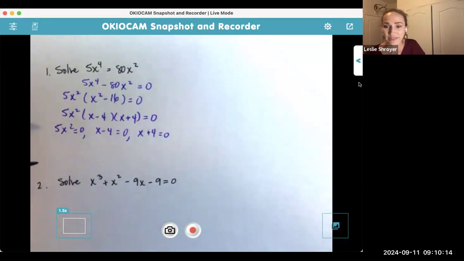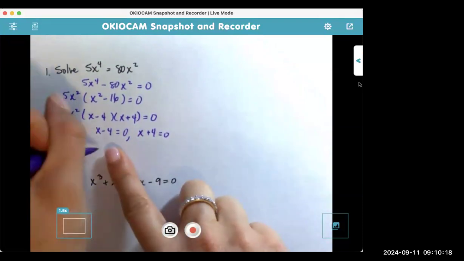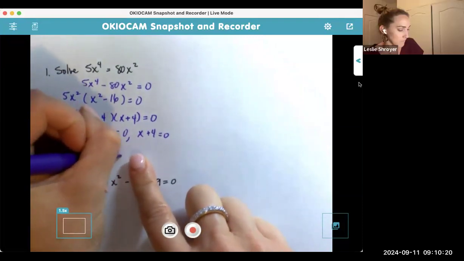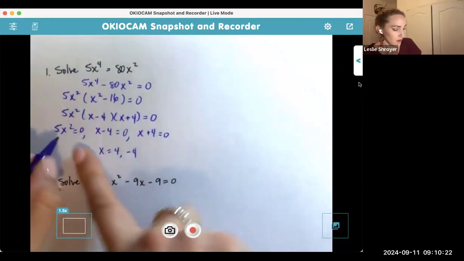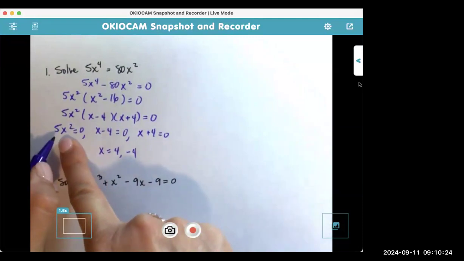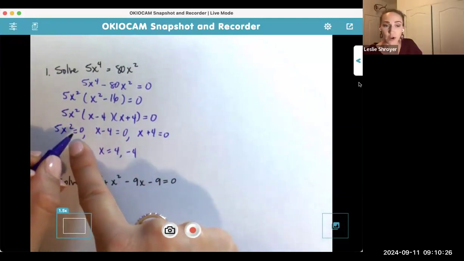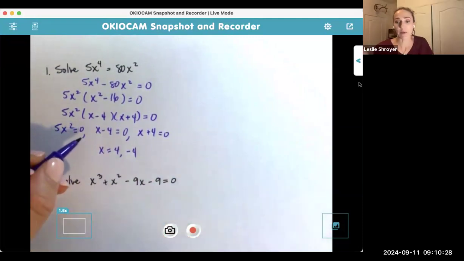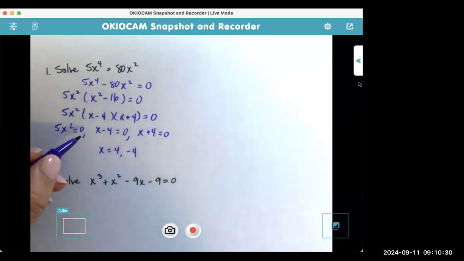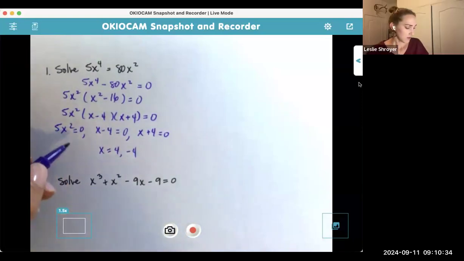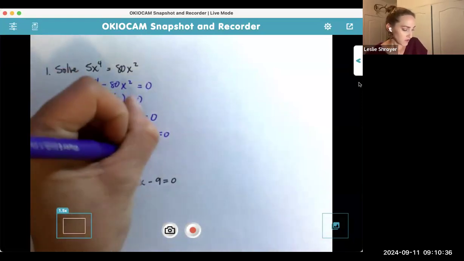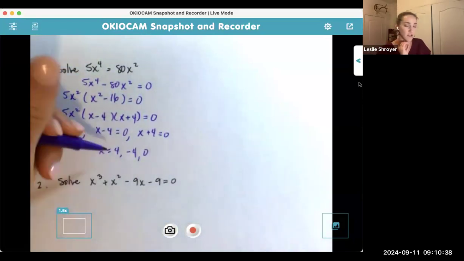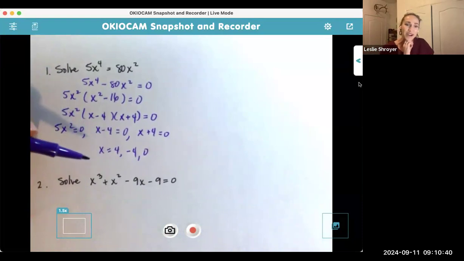Y'all help me out. Positive 4, negative 4, and 5x squared, right? If 5x squared equals 0, if we divide by 5, what's 0 divided by 5? 0. And then what's the square root of 0? Also 0. So our 3 answers are 0, negative 4, and 4.